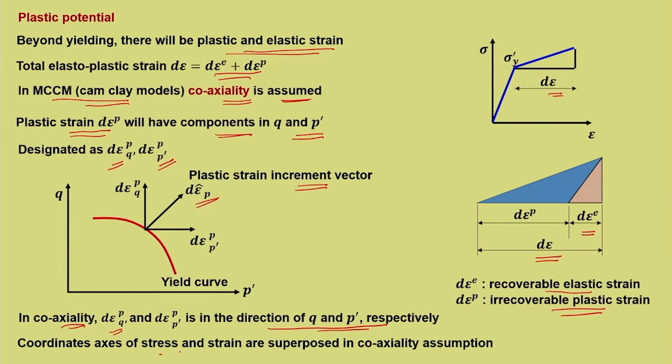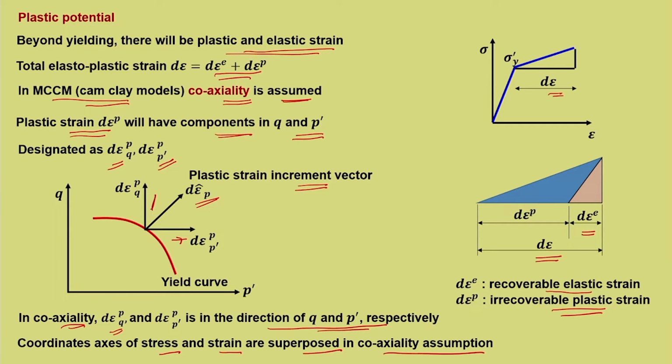So, that is what is meant by coaxiality. Coordinate axes of stress and strain are superposed in the coaxiality assumption. You can see that this particular axis and this particular axis, which denotes the plastic strain, are superposed with the Q and P dash axes respectively. So, this assumption is what is known as coaxiality.